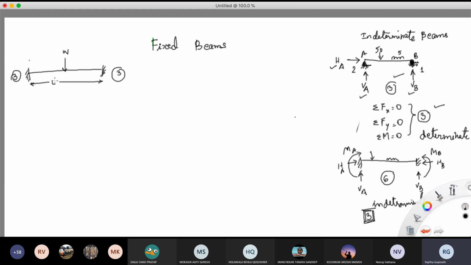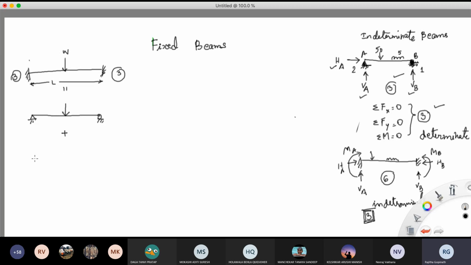Since there are so many unknowns here, we are splitting this beam. We are saying that this beam is equal to one beam sitting on a hinge and roller, a very simple determinate beam with the same loading condition, plus, if I do this, what am I excluding?